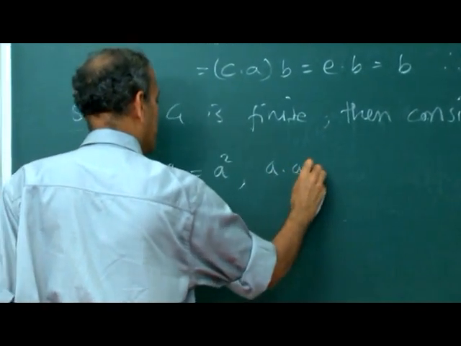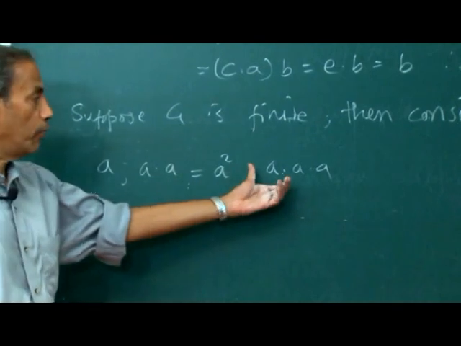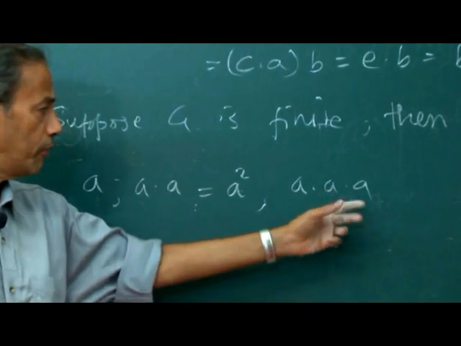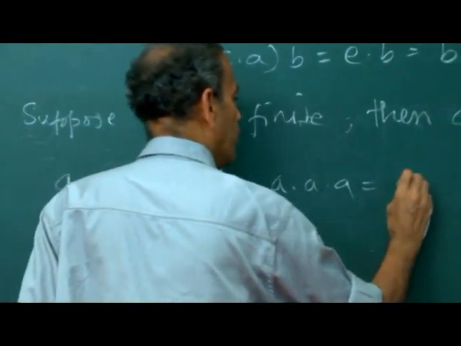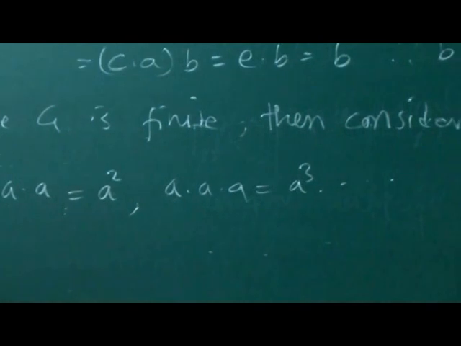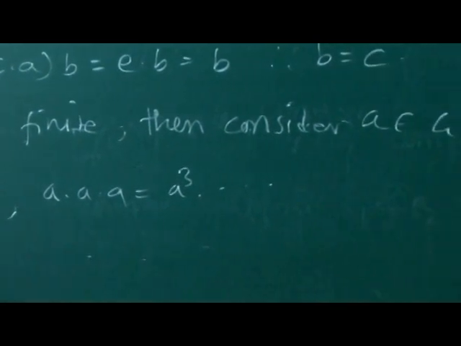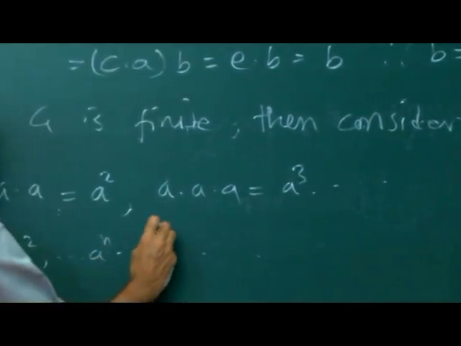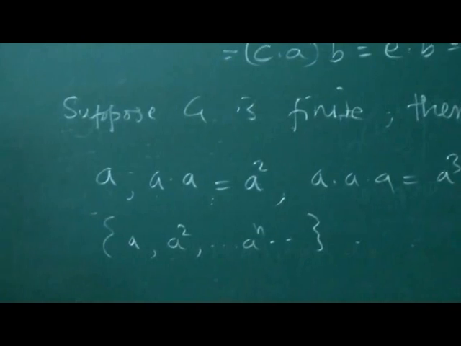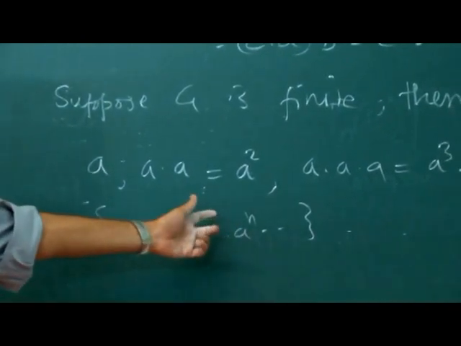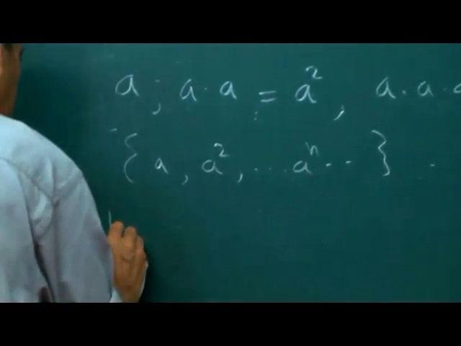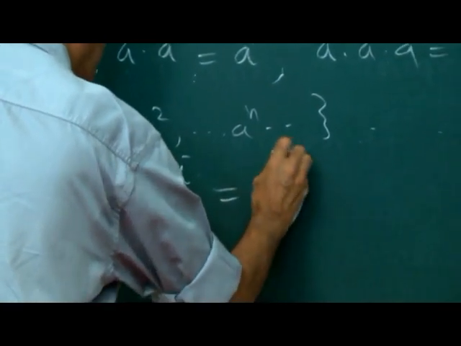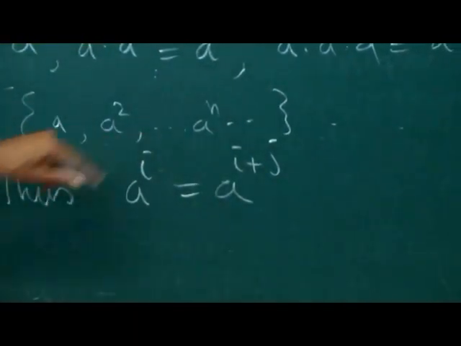Then A operated on A operated on A. Because of associativity, I don't have to put brackets here; any sort of brackets will do. This is equal to A cubed and so on. Now, if G is finite, the set A squared, ..., A raised to n, cannot be infinite, so somewhere an element should repeat. Thus A raised to i is equal to A raised to i plus j for some j.